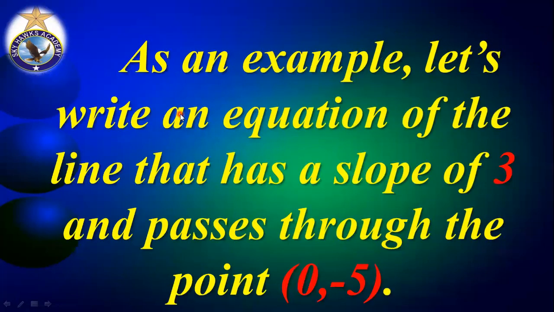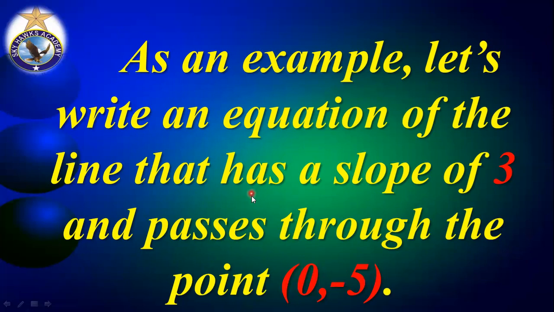As an example, let's write an equation of the line that has a slope of 3 and passes through the point 0, minus 5. What is your guess?